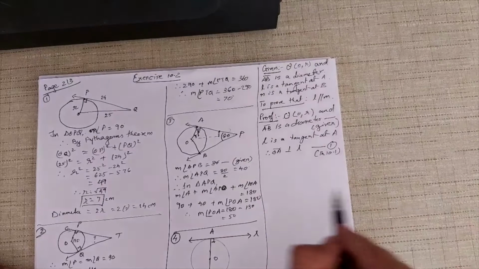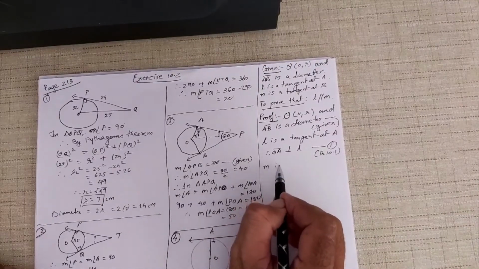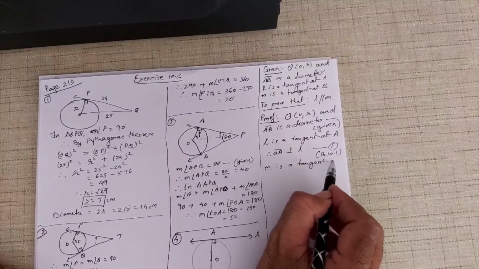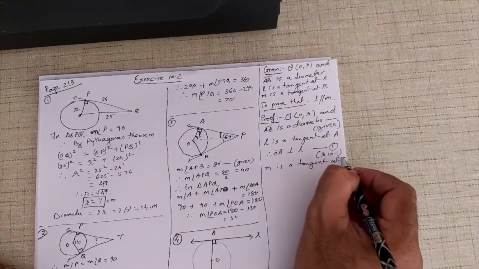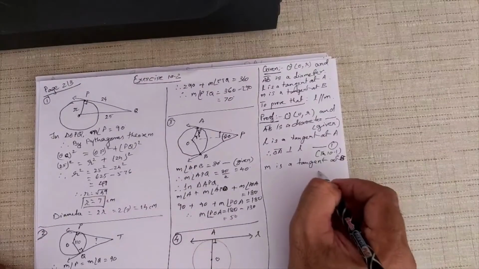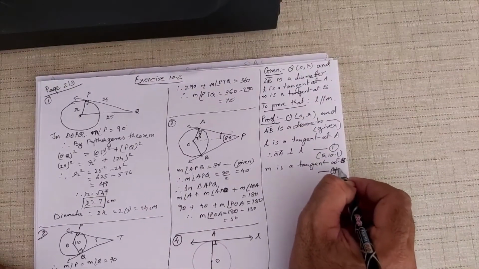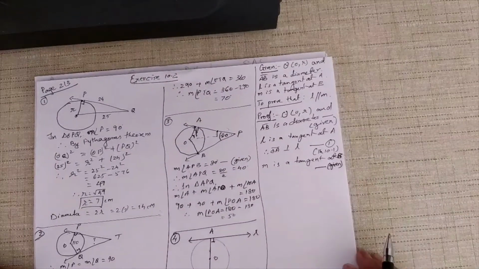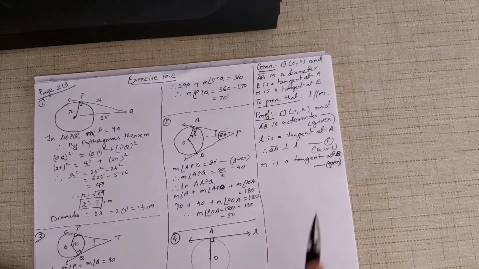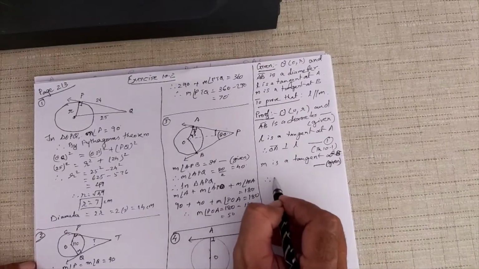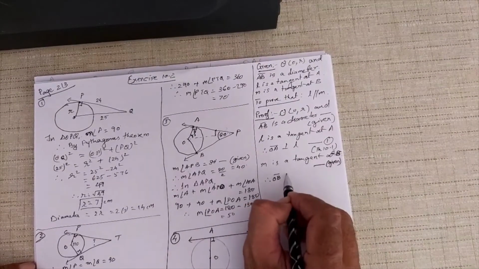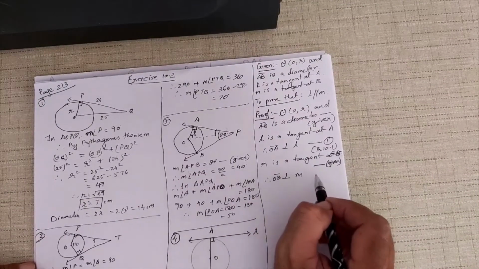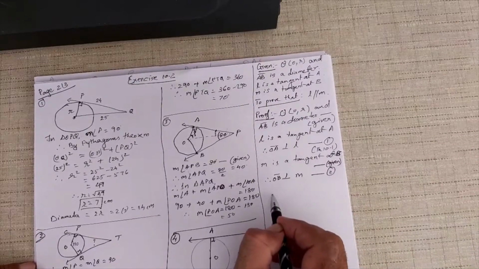According to theorem 10.1, M is a tangent at point B. This is also given. Therefore, you can say that OB is perpendicular to M. That is result number 2.